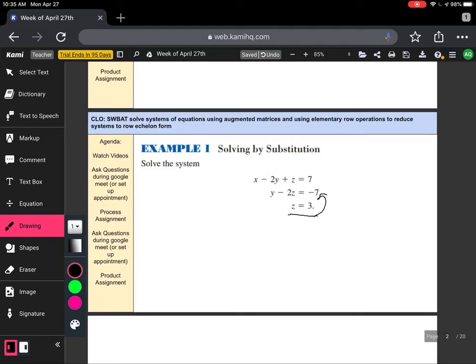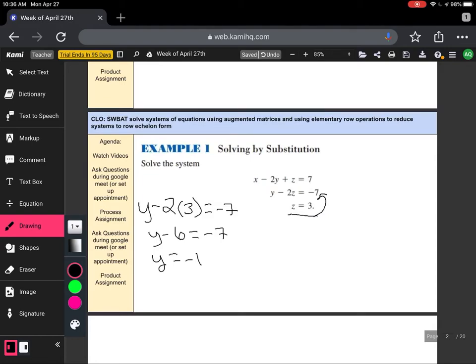So I'm going to put it into equation 2. So we get y minus 2z, z is 3, equals negative 7, or y minus 6 equals negative 7. So y equals negative 7 plus 6, which is negative 1. So there we solved for y.